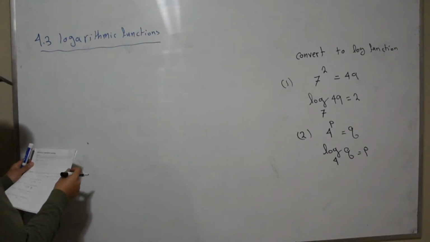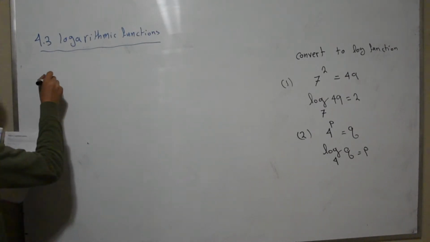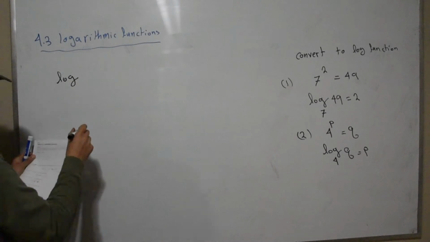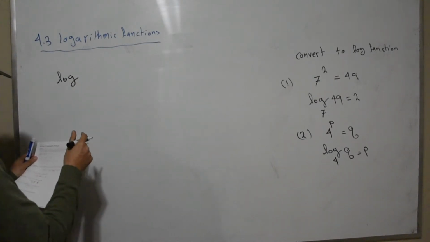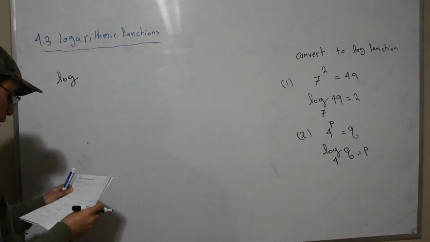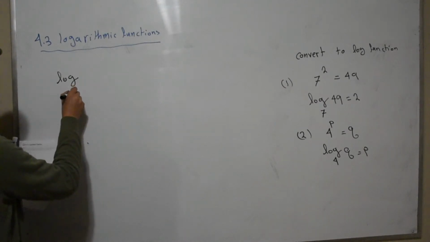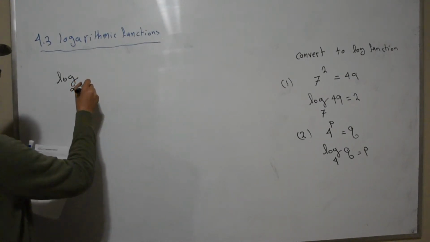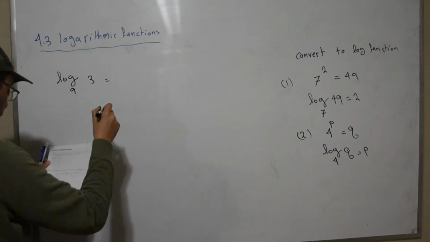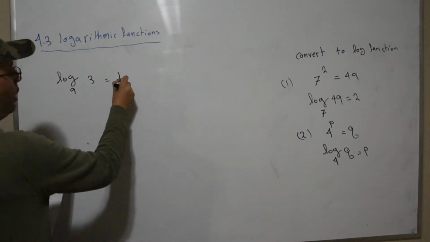Example 3: log base 9 of 3 equals 1/2. So now I'm doing the opposite.